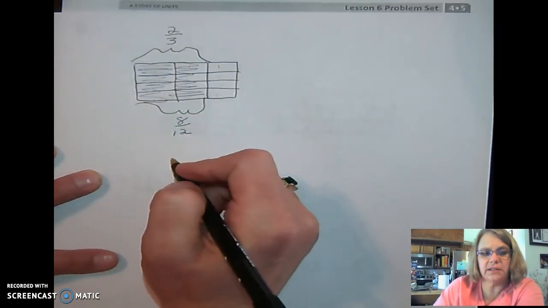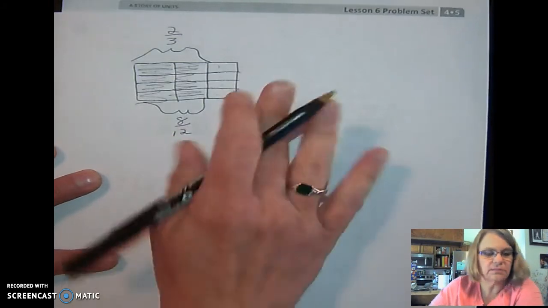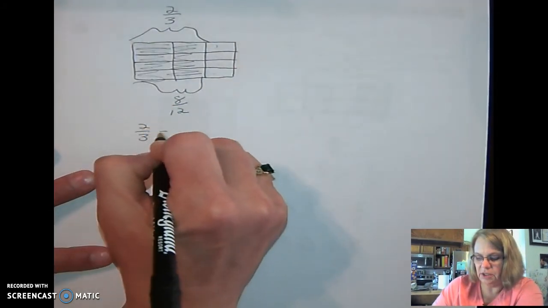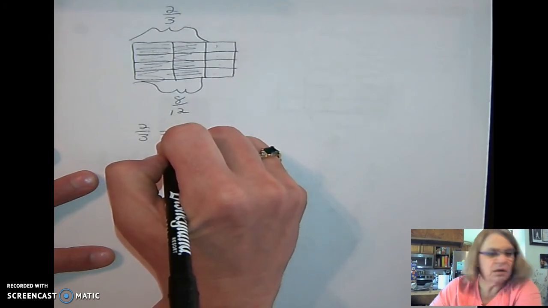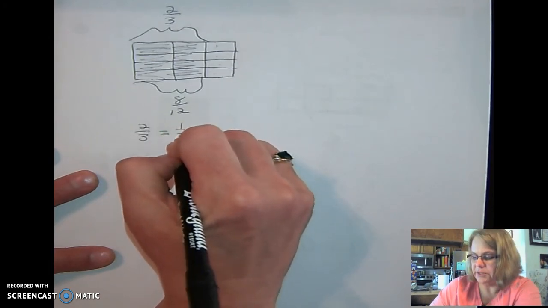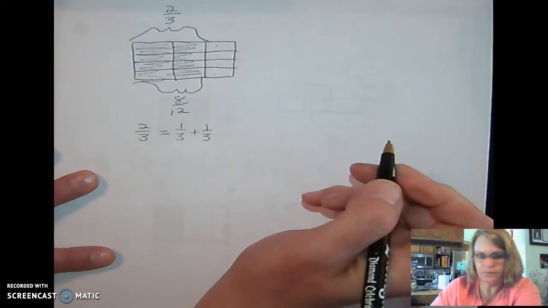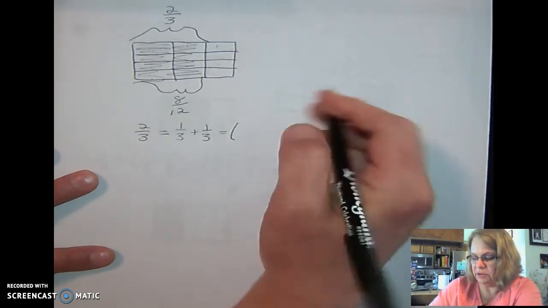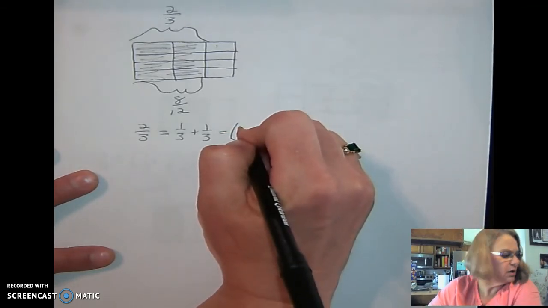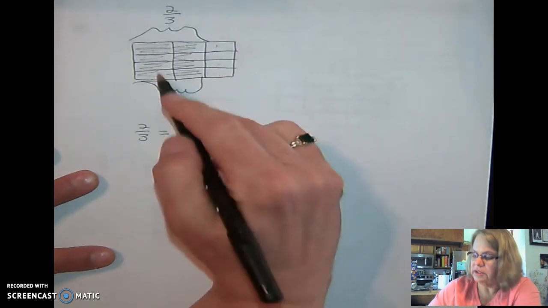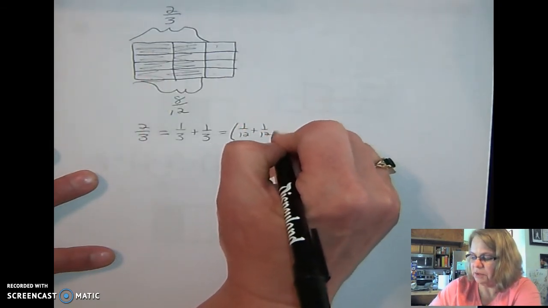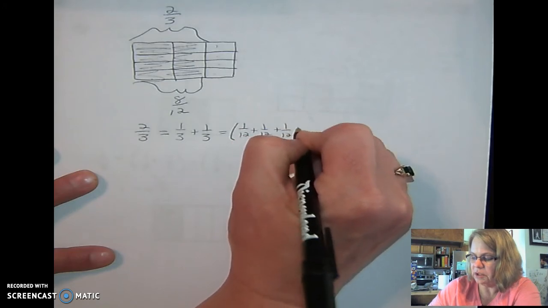In order to write that as a multiplication sentence, we'll start with 2/3 equals, well, we got 1/3 plus 1/3, right? And then we can also say it equals, let's split it up into 1/12. 1/3 is 1/12 plus 1/12 plus 1/12 plus 1/12.